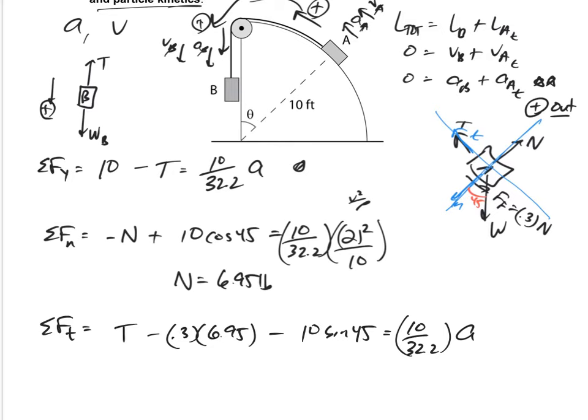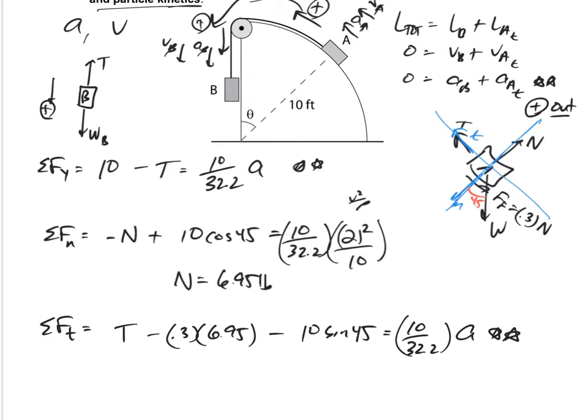I just have one acceleration because I'm defining all my accelerations as the same. And so I have another equation right here. So I've got this equation with 2 stars, this equation up here with 2 stars. Write one equation in terms of the other, one unknown in terms of the other.